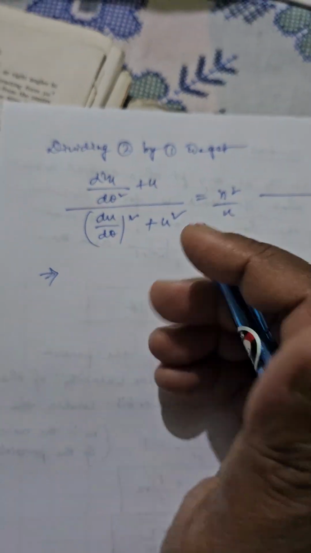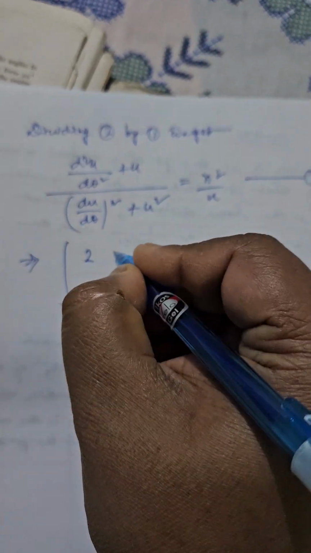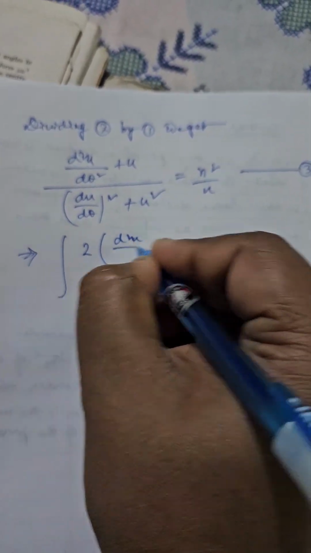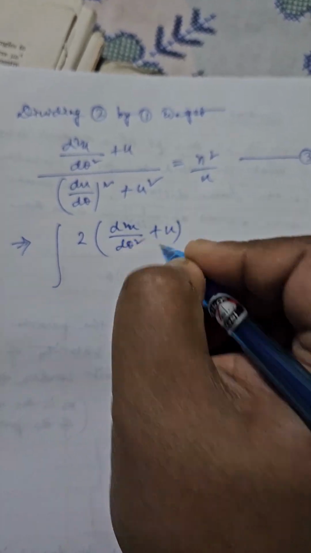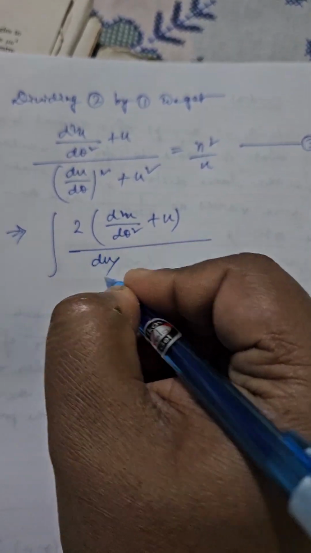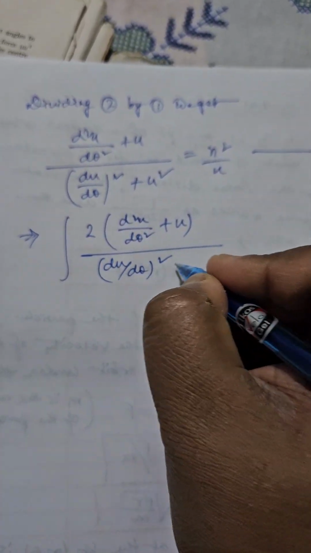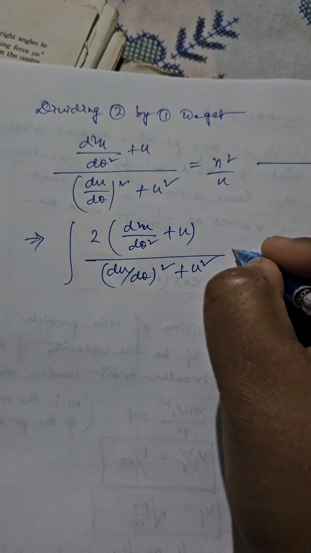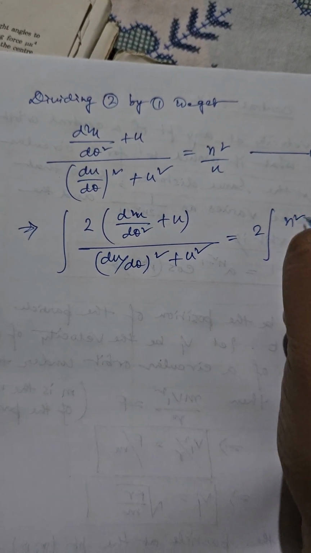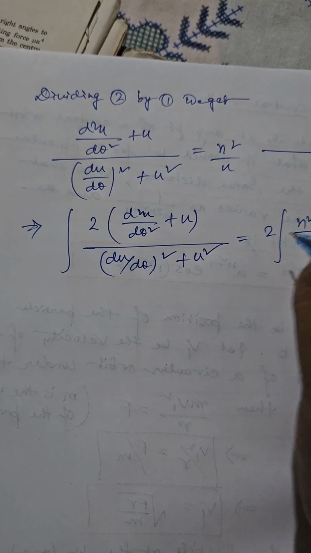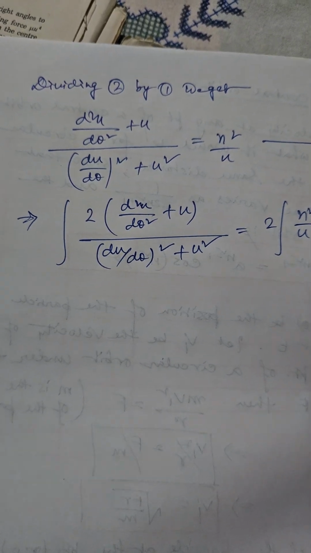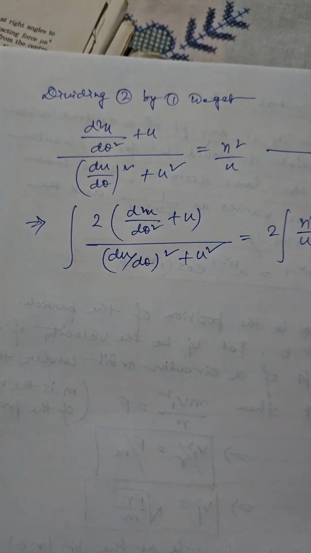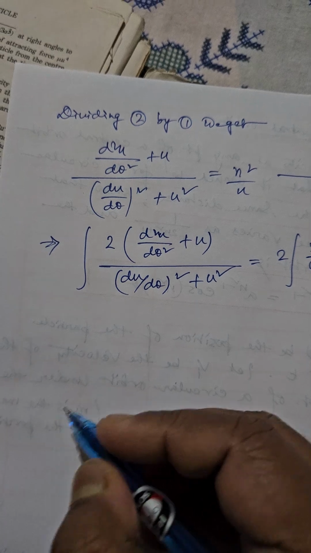Now multiplying both sides by 2, let us try to integrate this expression. So 2 (d²u/dθ² plus u) du/dθ divided by (du/dθ) whole square plus u square should be equal to 2, under the sign of integration, we have this type of structure. So this is equation number 4.